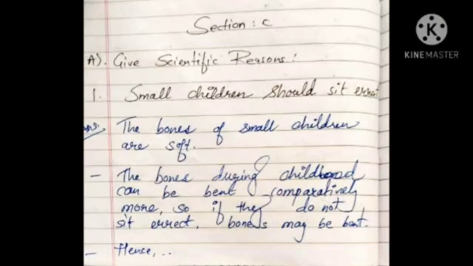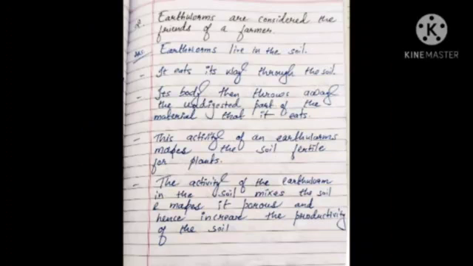Now talking about section C, give scientific reasons. The first one is: small children should sit erect. Erect means straight. And the answer is the bones of small children are soft. The bones during childhood can be bent comparatively more, so if they do not sit erect, bones may be bent. Second one is: earthworms are considered the friends of a farmer, and the answer is the earthworm lives in the soil.